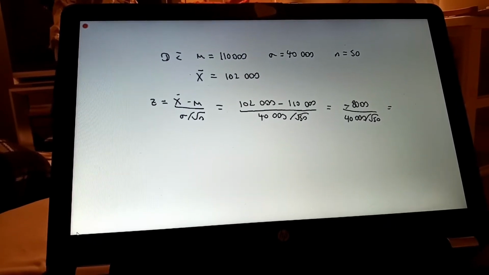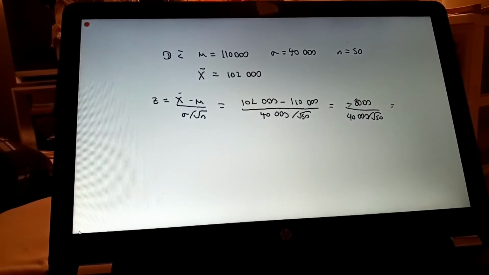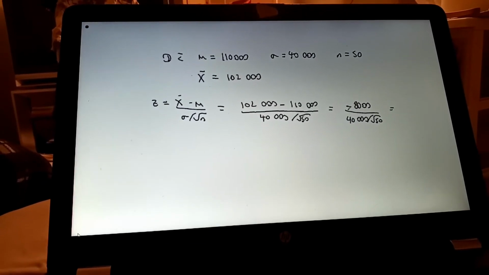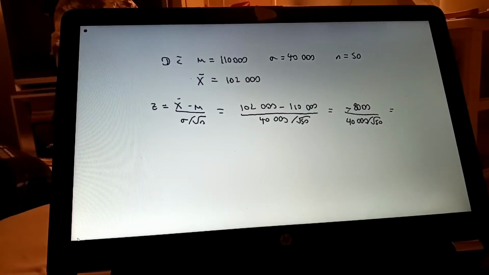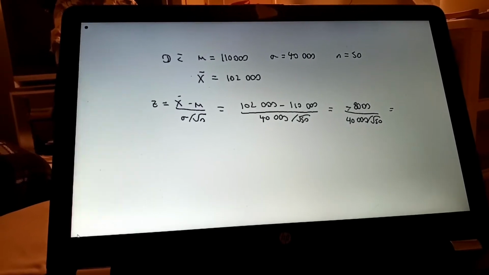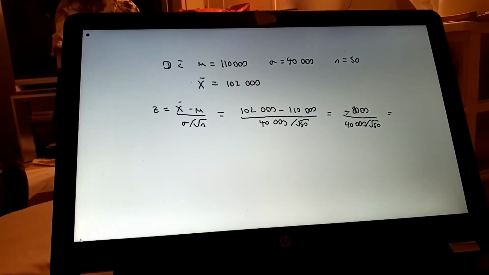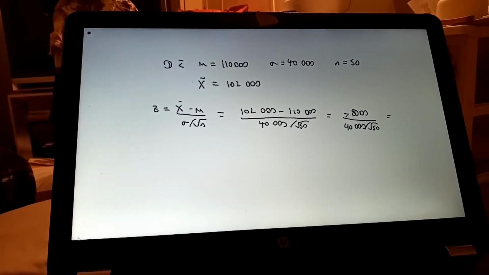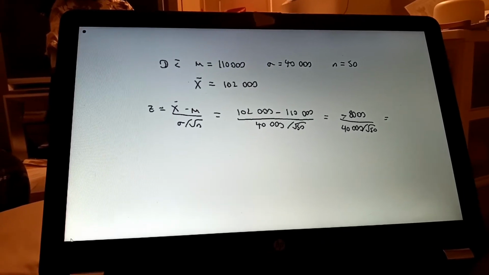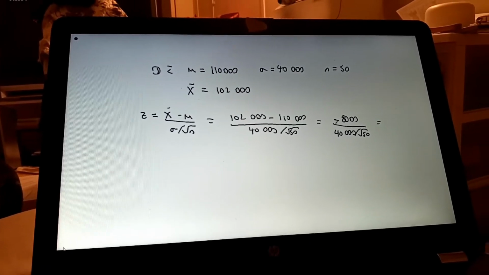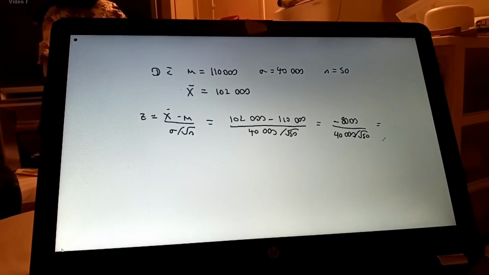So go on your calculator, type in minus 8,000, hit divide, and then let's put some brackets in there just to be safe. So bracket 40,000 divide square root 50, close bracket, hit equals, and you get a reasonable answer.